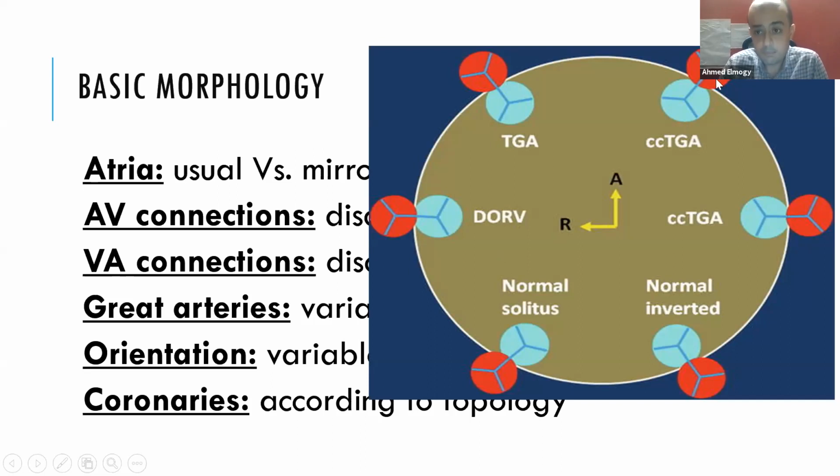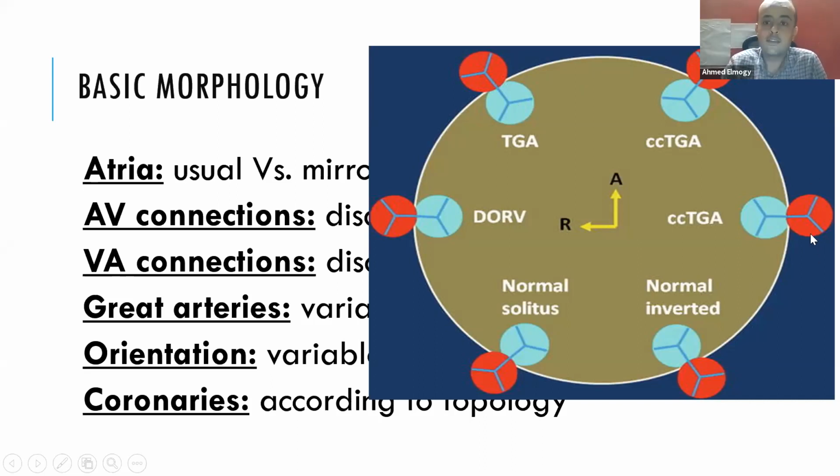Hence some use the term LTGA as a synonym for CCTGA, but this is not the right term to use, because in the usual arrangement of the atria, the aorta is anterior and to the left. However, in mirror image atria, the aorta comes to be more anterior and to the right. So you cannot use LTGA for CCTGA. You have to describe what you see.